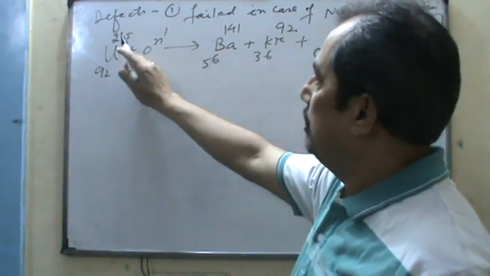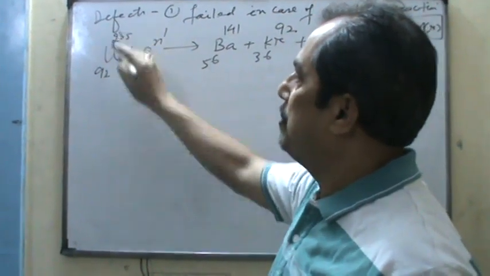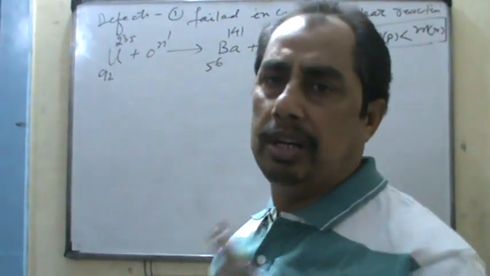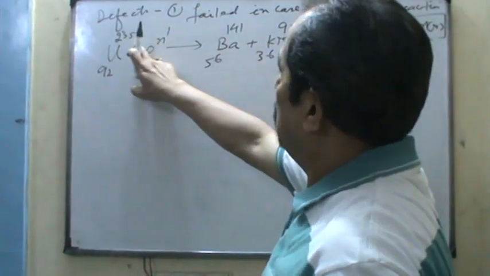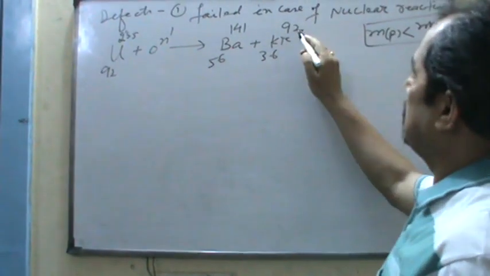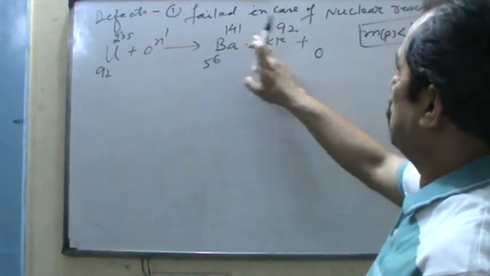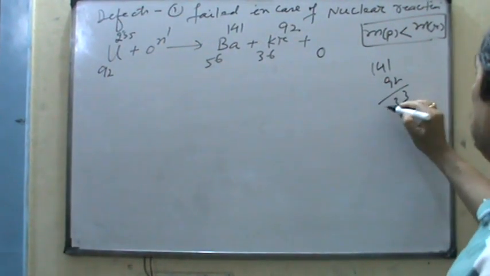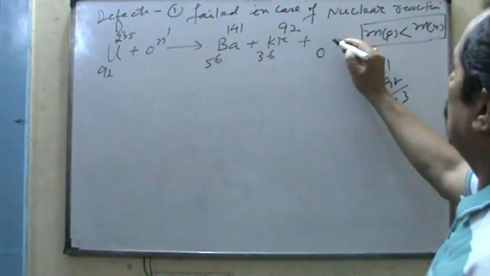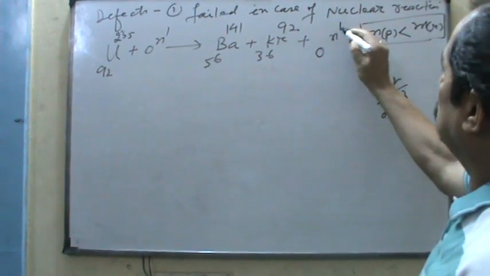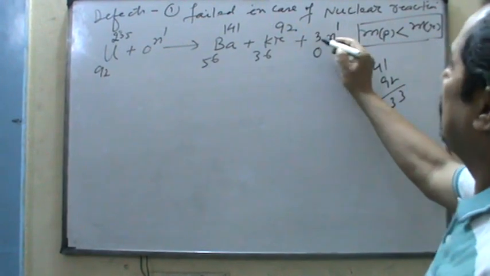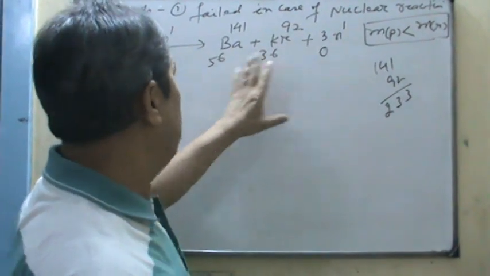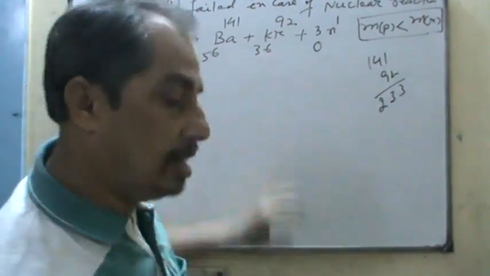Go to the upper side. The atomic mass of uranium is 235, but uranium is an isotope, it can also have 238. If you take 235, then 235 plus 1 is 236, but here the mass is 233, because 141 plus 92 is 233. Then, to balance it, 3 neutrons are formed in addition to barium and krypton.